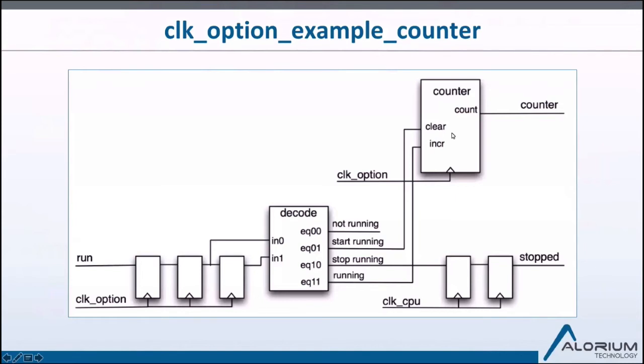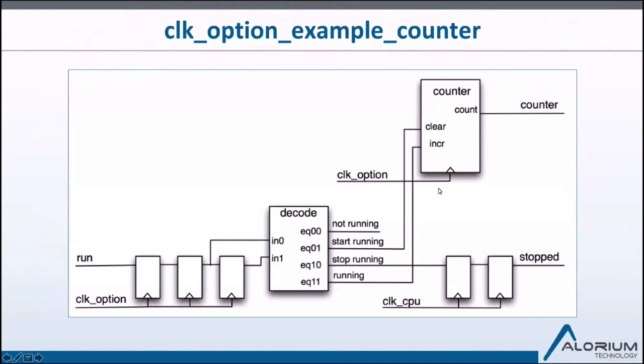In the counter, we have two inputs, a clear and an increment. If we see a rising edge on the run signal, we know that we want to start counting, so then we clear the counter to start at 0. As long as the run signal is high, we're going to increment, meaning that for every clock, in this case our custom clock option, we increment the counter.